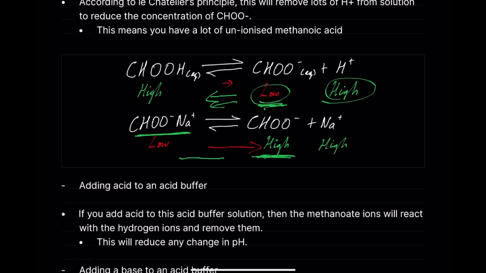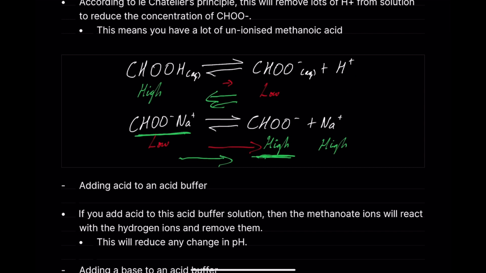In fact, this reaction will go even further to the right to reform the concentration of methanoate ions in our solution. This will all return the pH back to the original pH that we had in our solution. So that's how an acid buffer maintains pH when we add acid, right?